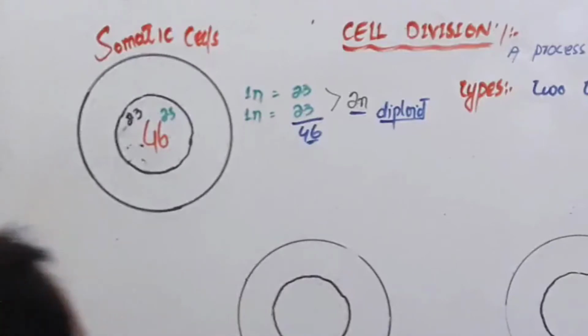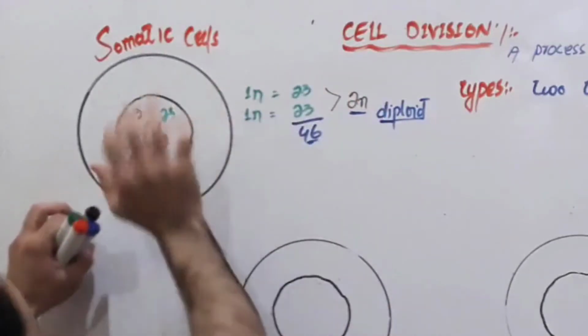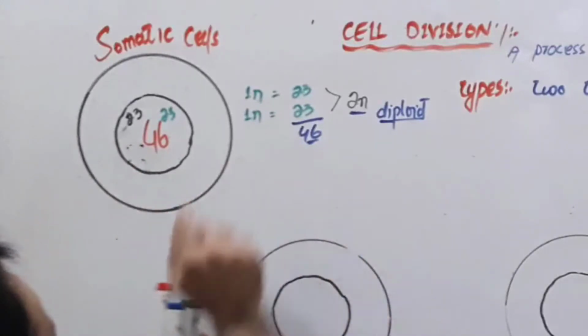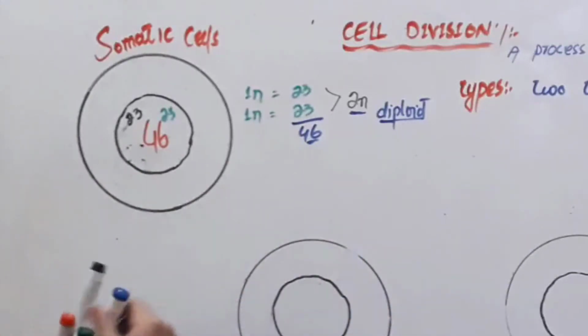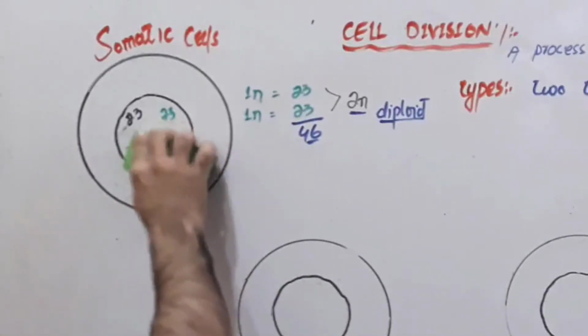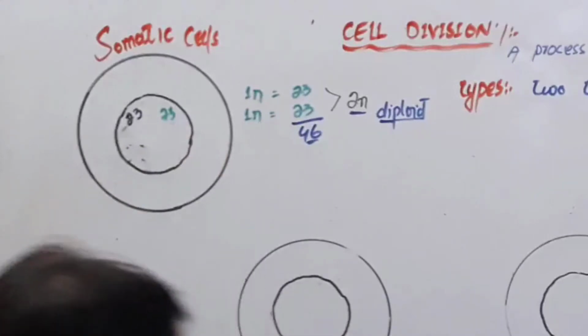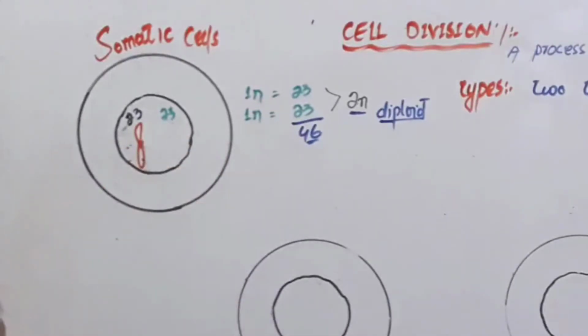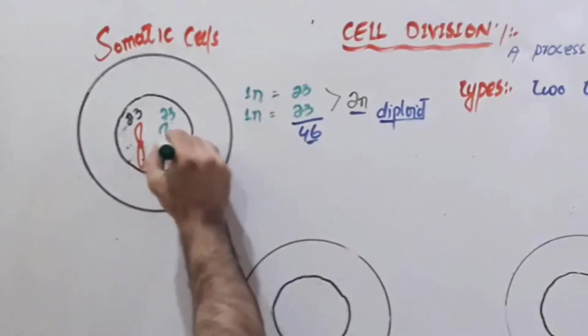Clear? Done. I'm writing the detail of this cell, and we will see what will happen to this cell. Look carefully. Then the amount of DNA which is present in chromosomes, and here let me make the chromosomes also, right? For example, this is a chromosome from my father's side and this is a chromosome from my mother's side.